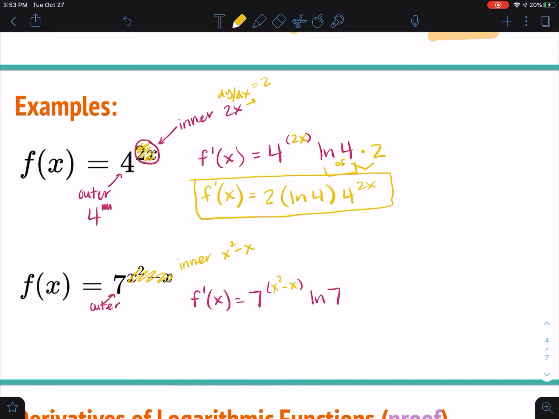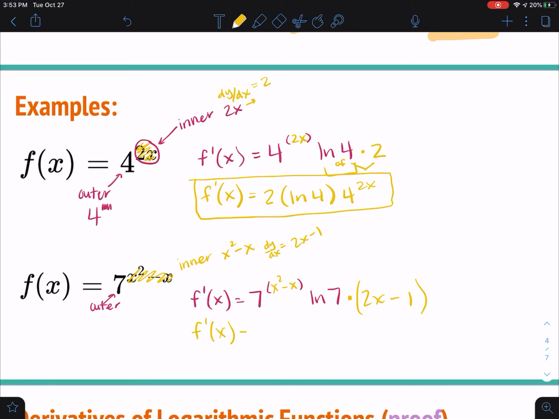Now I have to figure out, well, dy dx here is going to be 2x minus 1, right? So I need to multiply this by 2x minus 1. Now, what I wrote there is technically incorrect. Multiplying this right here is multiplying only by the 2x. Since I want it to multiply by the whole thing, I have to make sure that I put parentheses.